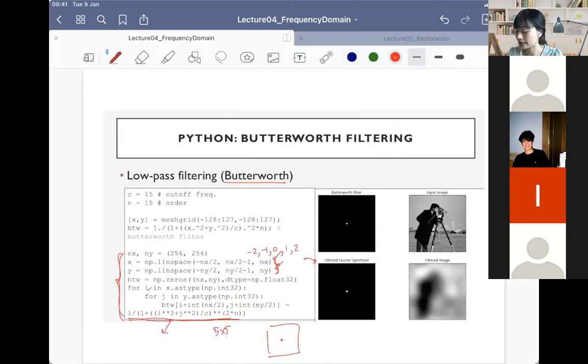So I use the row and the columns, and I apply it. I also have the cutoff frequency and also the order that you want to design the Butterworth filter. In this case, I use cutoff frequency 15 and order equal to 15. If you remember, if n is large, it goes down slower, but it is very sharp at the point of 0.